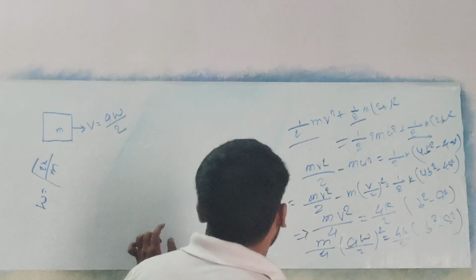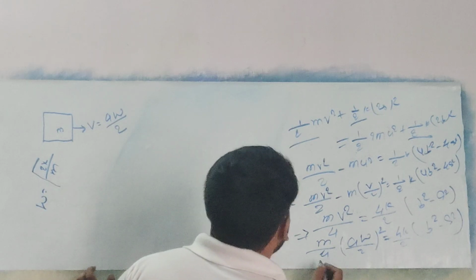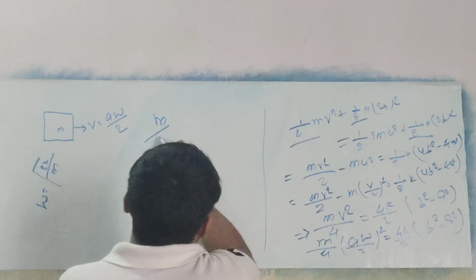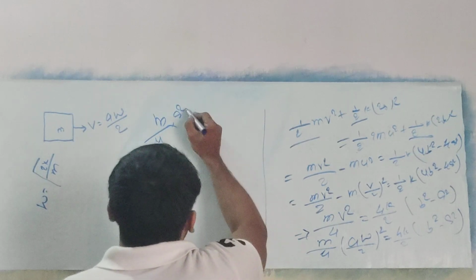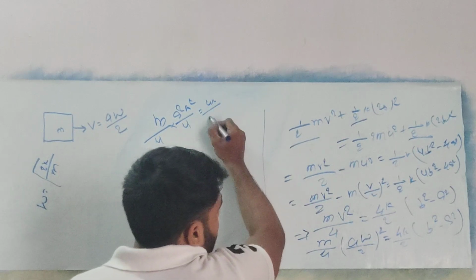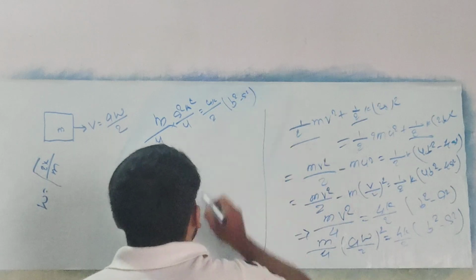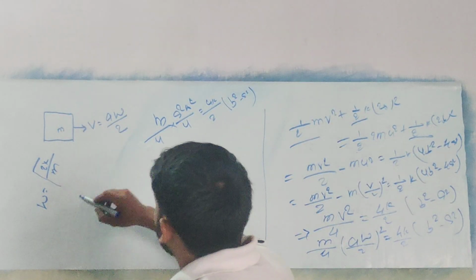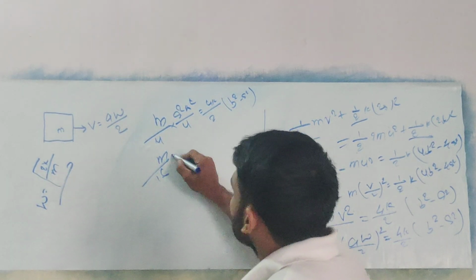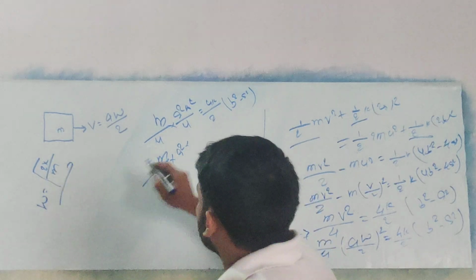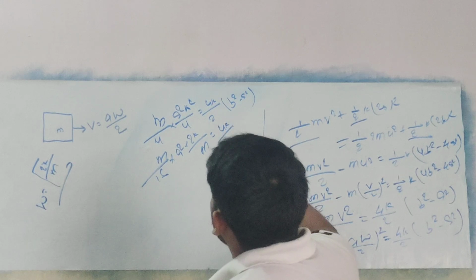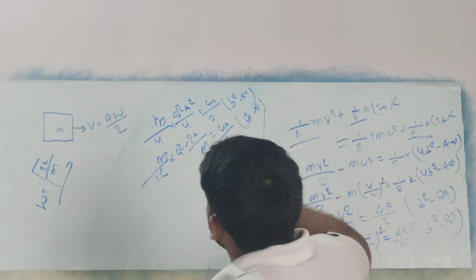Just simplifying this, m by 4 a square omega square by 4 is equal to 4k by 2 (b square minus a square). Put the value of omega from here to here, so m by 16 a square, omega square value of 2k by m, is equal to 4k by 2 (b square minus a square).